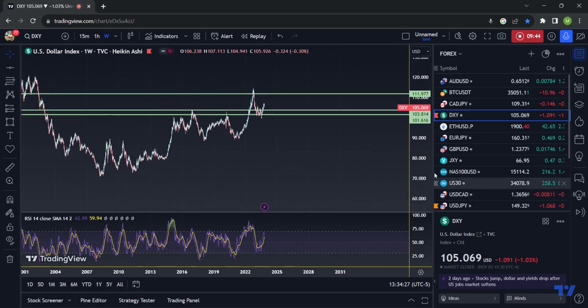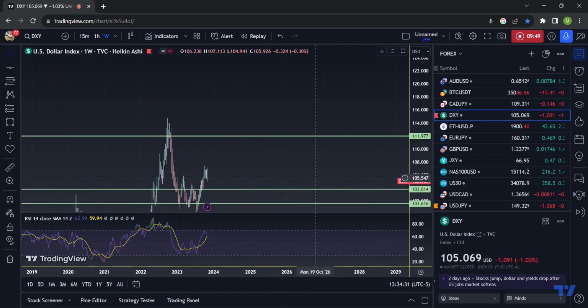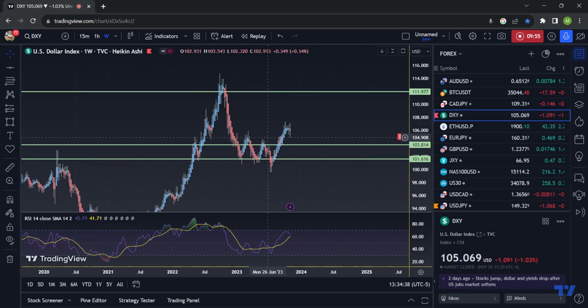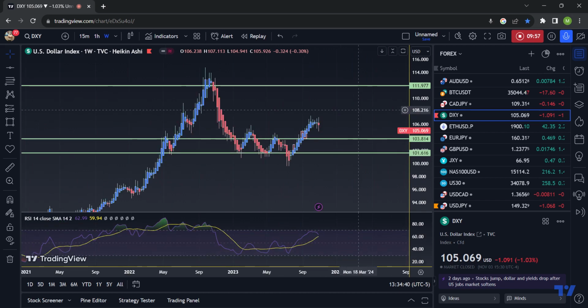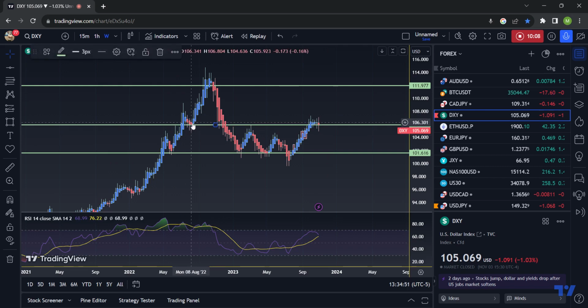Okay, and you want to label your next resistance. So our main target would be right here, this area, and you want to go up to the body. That would be our next weekly resistance. This is where you want to end your next trade.